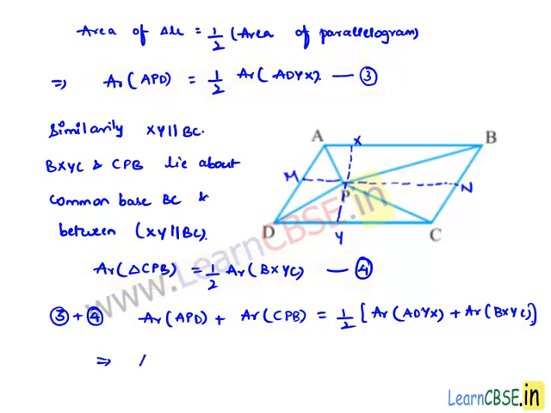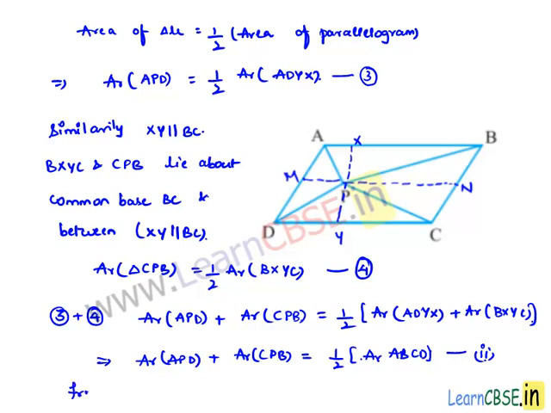That implies area of APD plus area of CPB is equal to half times, here the area of ADYX and area of BXYC is nothing but the area of parallelogram ABCD. Let it be as equation 2.